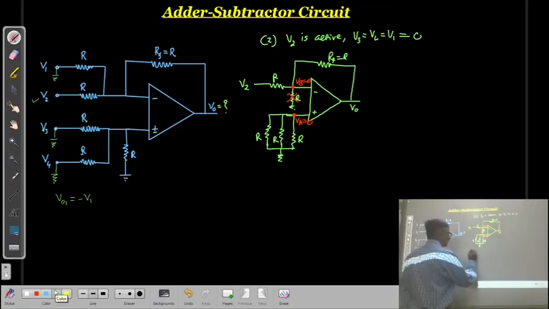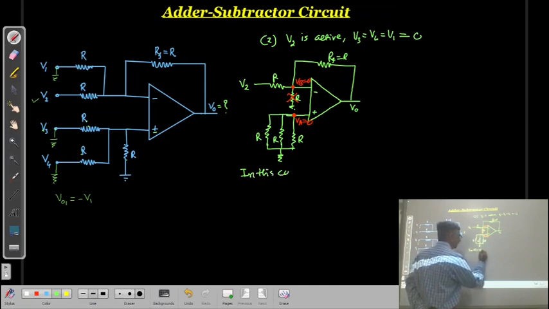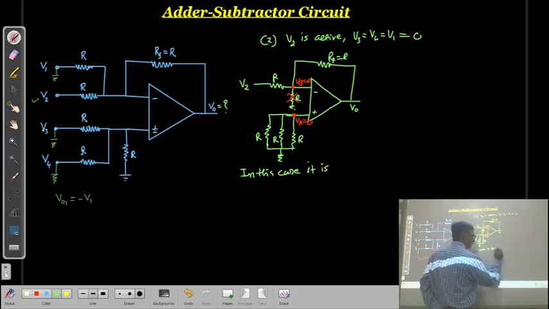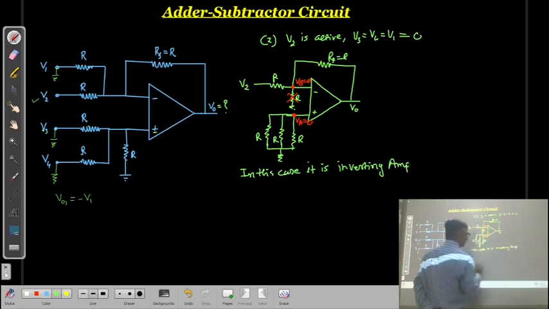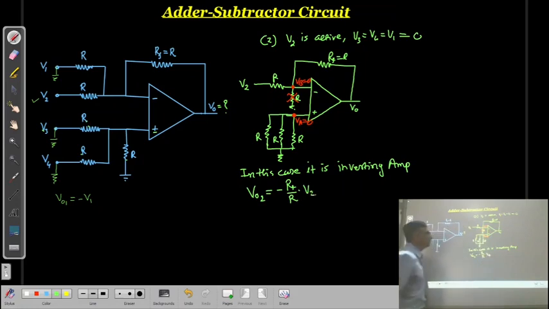So in this case it is an inverting amplifier. Correct? So for an inverting amplifier we can write VO2 is equal to minus Rf by R, and my input voltage is V2.